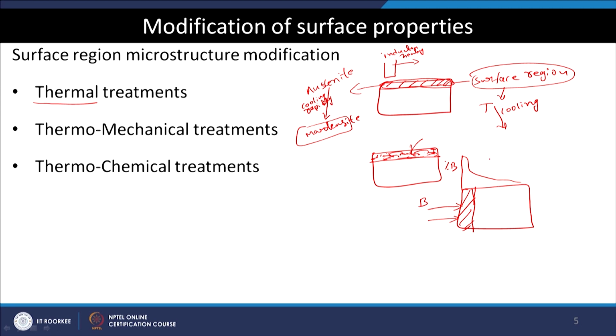This enriched region of B will have a property that can be engineered by the amount of B and the depth that can be controlled. So, this is what we will be discussing in this part of the lectures.